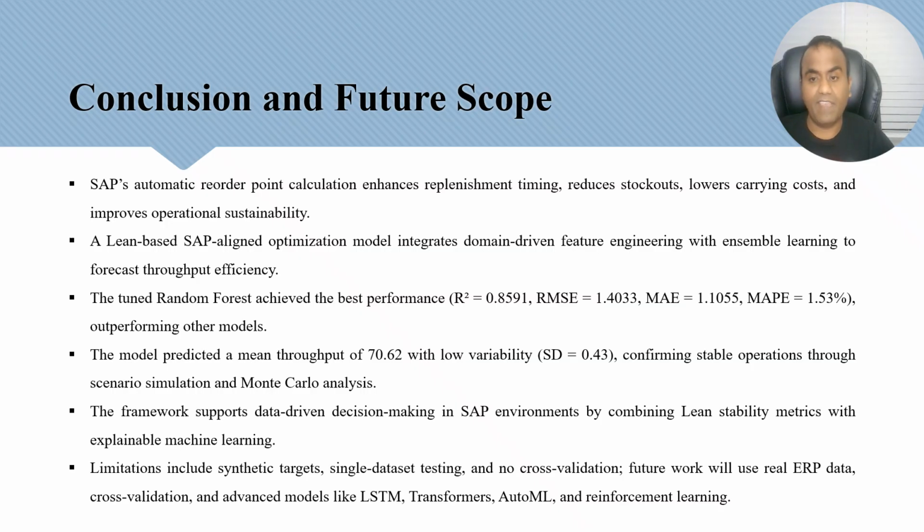Basically, it reduces waste, improves efficiencies and on-time delivery, improves processes, and reduces the cost overall with the tuned random forest R square. Finally, this framework supports data-driven decision making in the SAP environment by combining lean stability metrics with explainable machine learning, right?